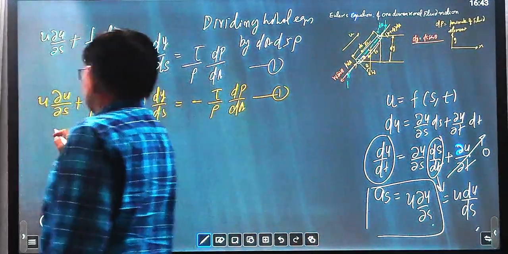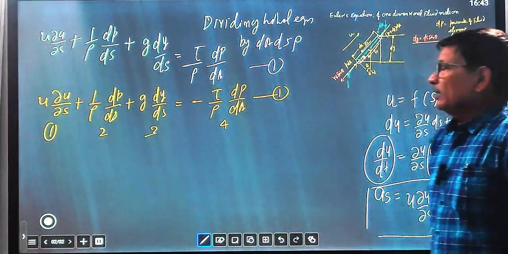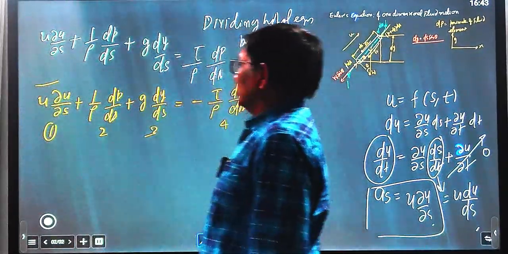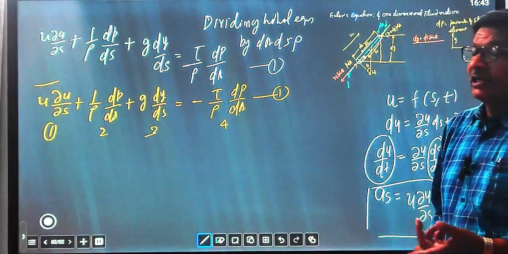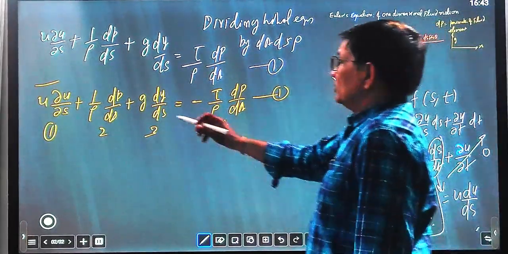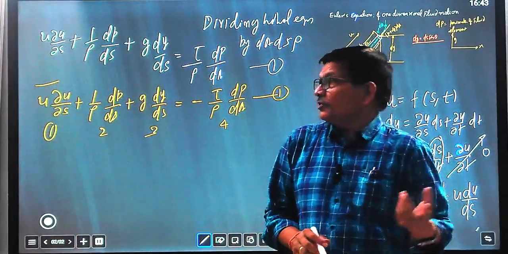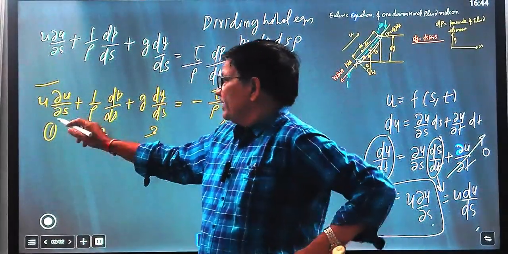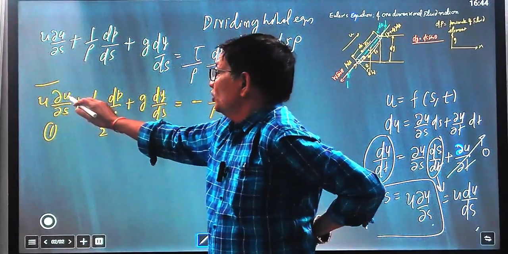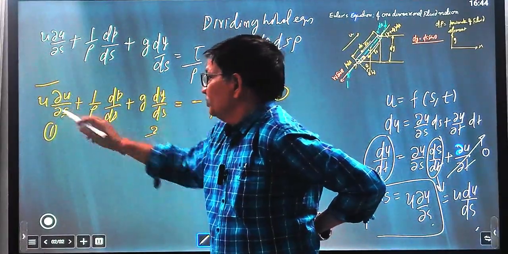So what are the different terms 1, 2, 3 and 4? Term number 1 denotes the change of velocity. It is also known as kinetic acceleration, the force acting per unit mass due to convection, because u is changing, del u over ds, with respect to position.